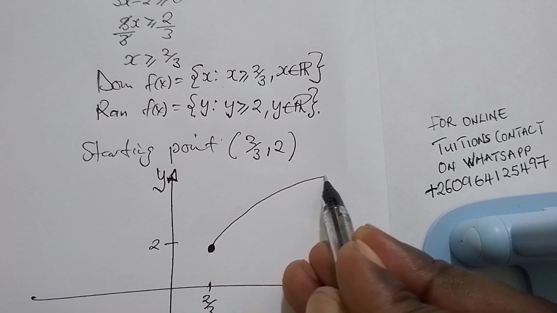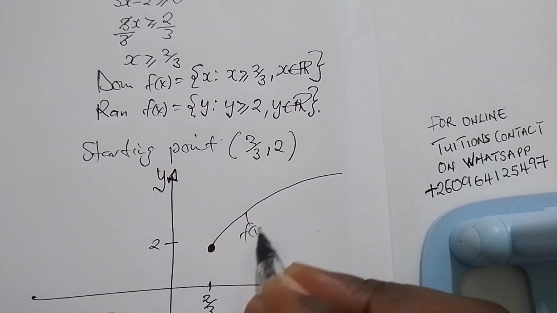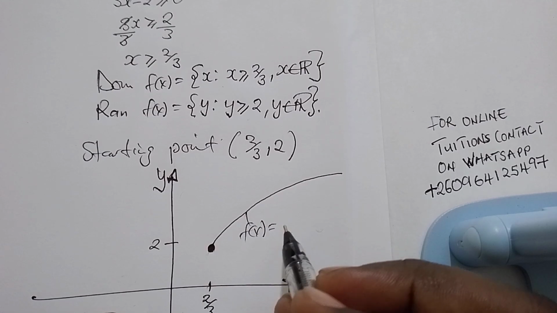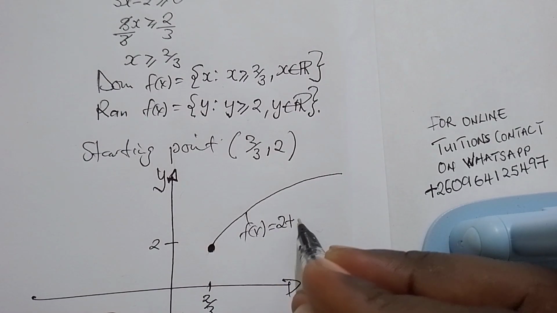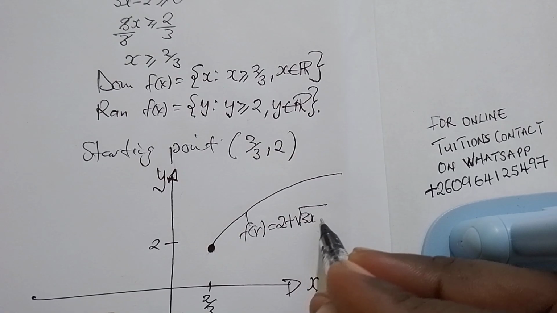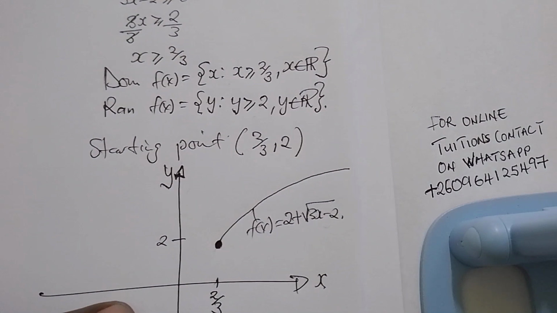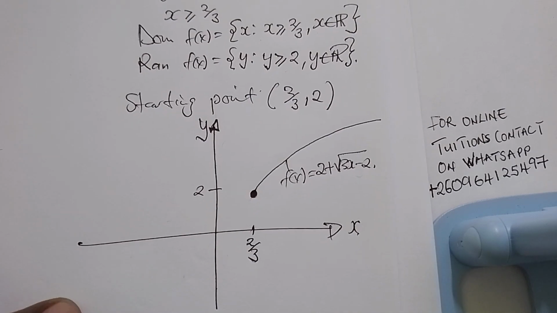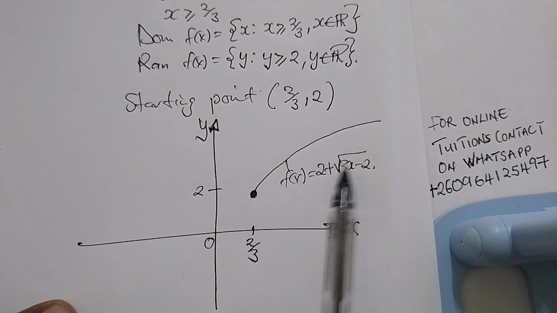This is going to be a curve. That is the graph. You name the graph to say that this graph is f(x) = 2 + √(3x − 2). That's the way you're supposed to do it. So this is the sketch of the graph of this function here.